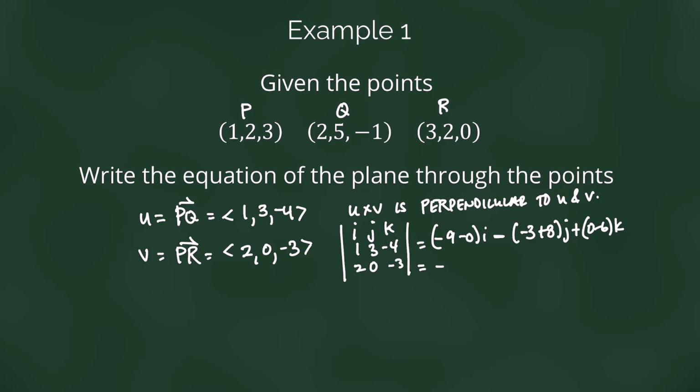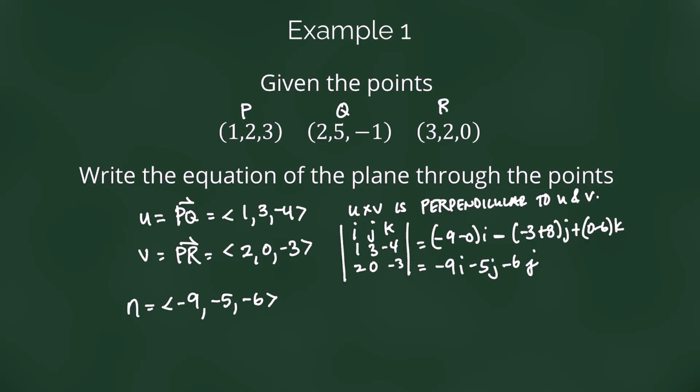So that's the vector negative 9 times i, minus 5j minus 6k. So our normal vector, n, is going to be the vector negative 9, negative 5, negative 6.